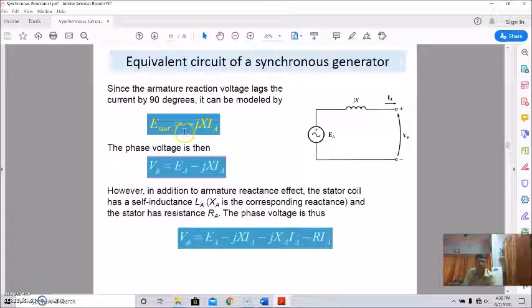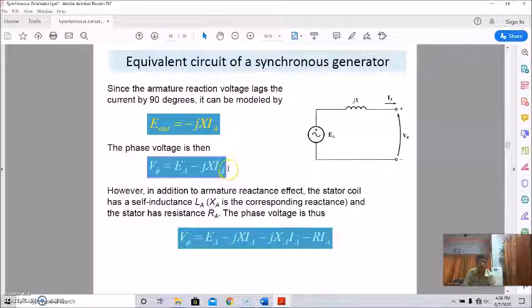So the armature reaction voltage is equal to minus jXIA, where X is the armature reactance. So we can write the phase voltage V phi equals EA, and if we replace E stat, it will be minus jXIA.